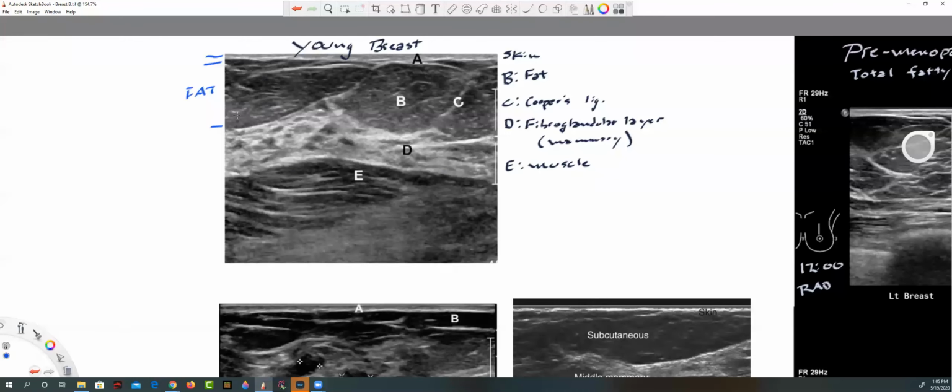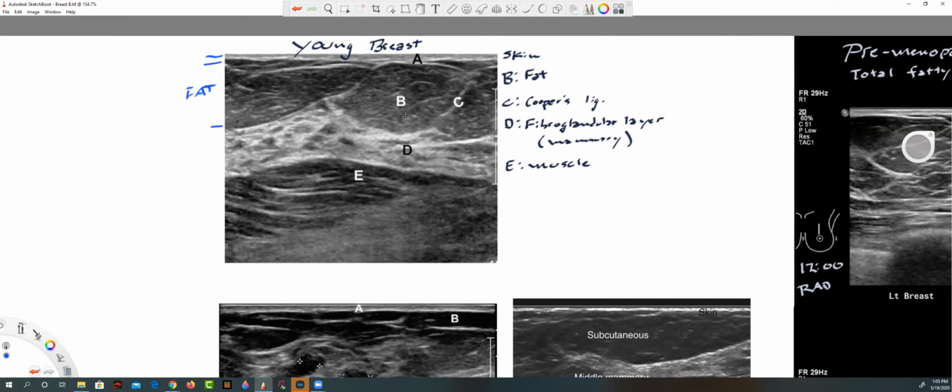Fat in the breast is isoechoic. This is muscle down here, which is pretty much isoechoic too, with a little bit different patterns in there.